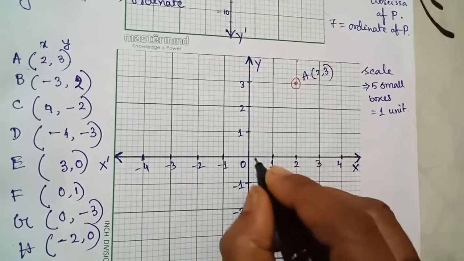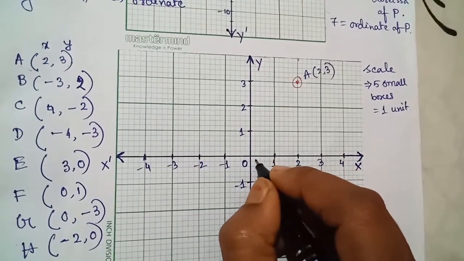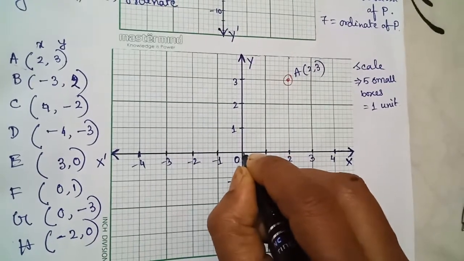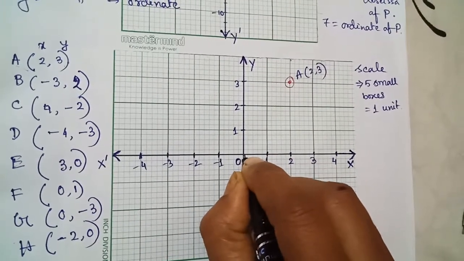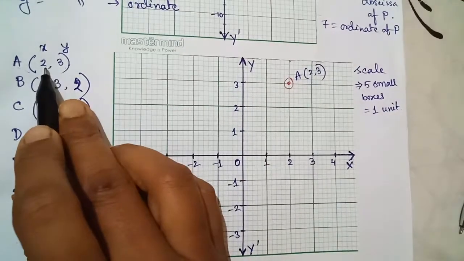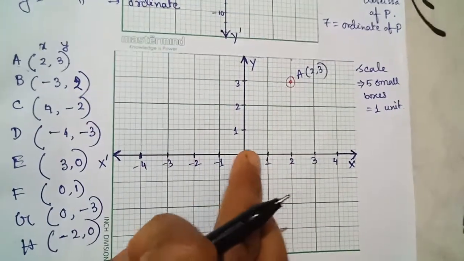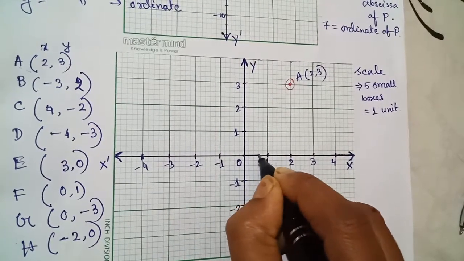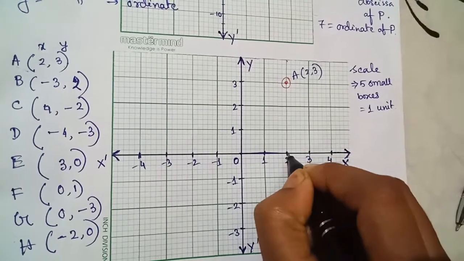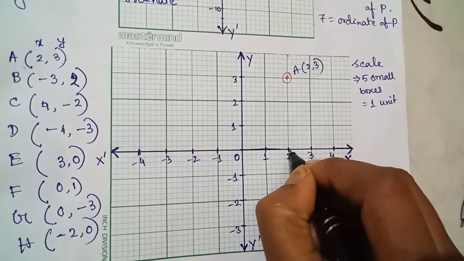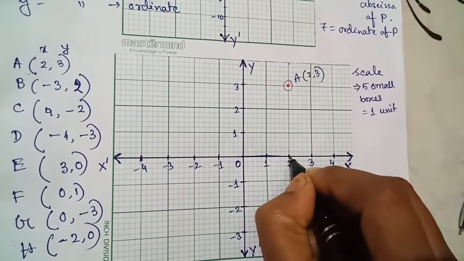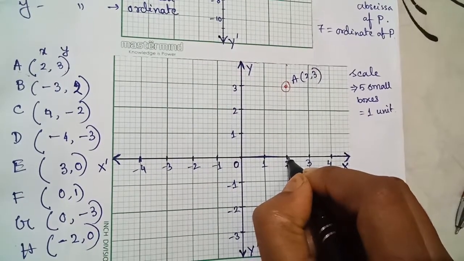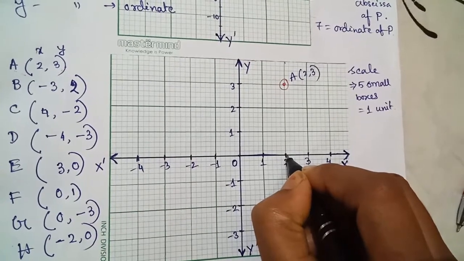Okay, so we will always start from origin. So I am starting from origin. What we have to do, we have to check the first is 2. 2 means going towards right hand side of x. So from 0 I am going to 2. Then I am stopping here, but I am not lifting up my pen. Then y coordinate is 3. Now for point A, y coordinate is 3, and it is positive.